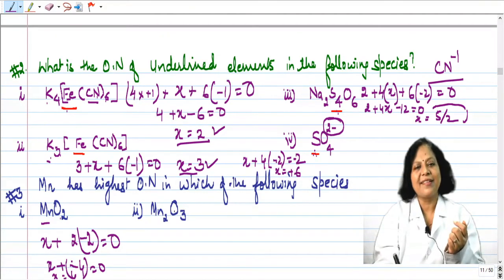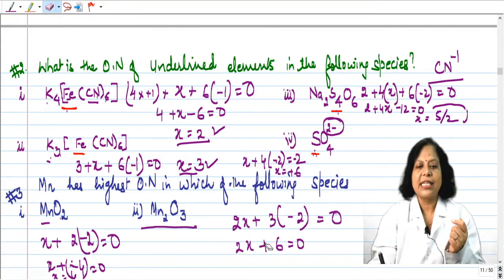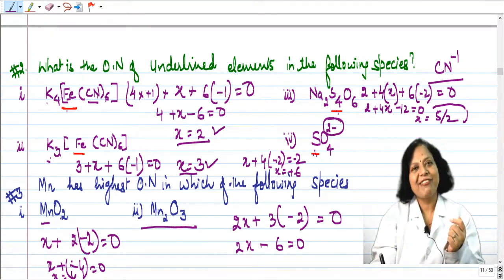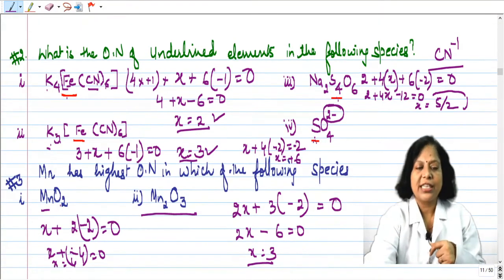So manganese is in +4 state. Over here, 2x + 3 into -2 = 0, so 2x plus 6, not plus 6, it is minus 6, because plus into minus will be minus, and you'll get x = 3. So this is how you can calculate the oxidation number.